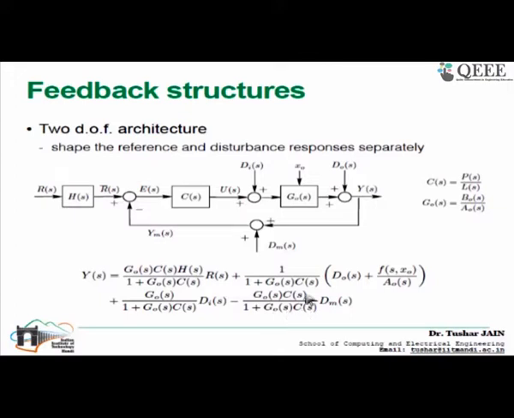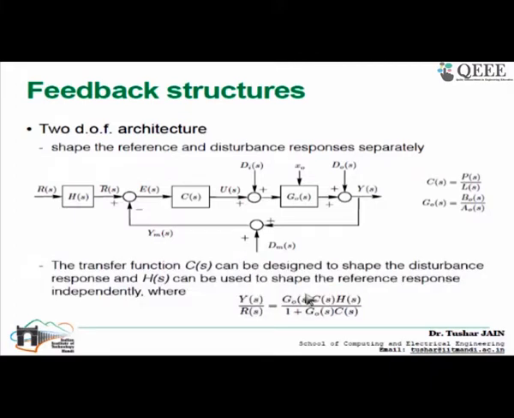Now we will see why we are looking for these kinds of transfer functions, and where the stability properties are hidden in them. C of S can be designed to shape the disturbance response, and H of S can be used to shape the reference response independently.